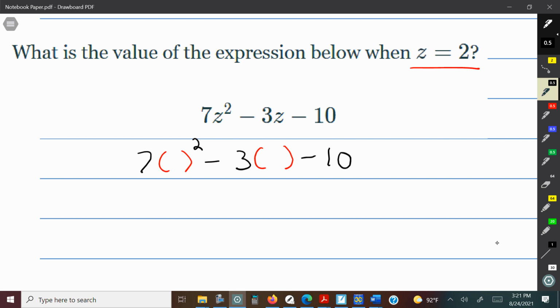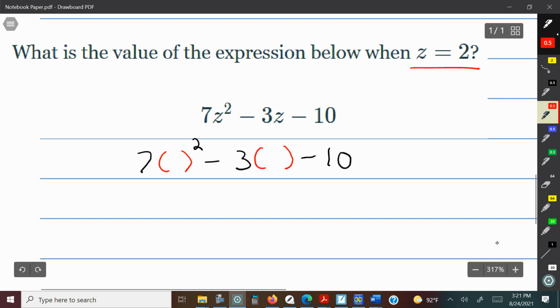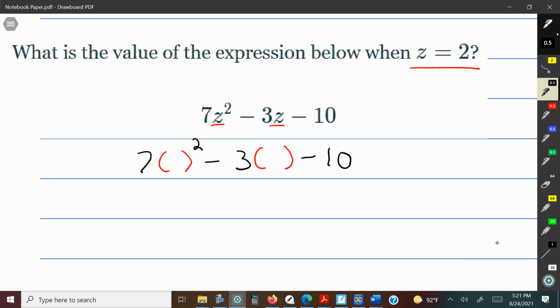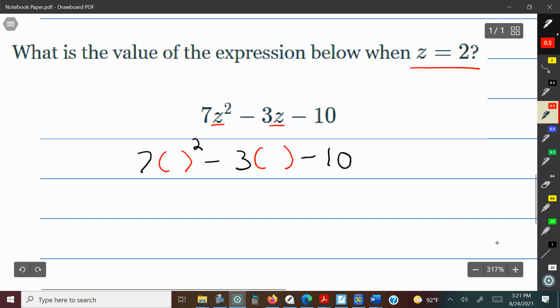Okay, and the parentheses is representing the z here. Okay, and now I'm gonna plug in that value for z, which is 2. Or should I say substitute? I'm substituting the z out for 2. All right, so I'm gonna go ahead and put that in, 2 and 2.